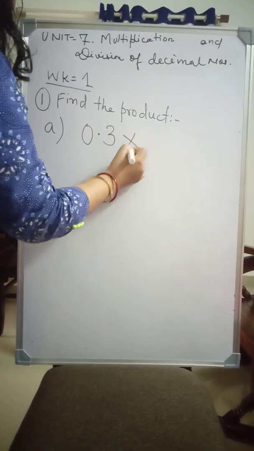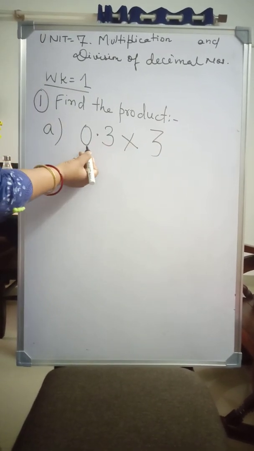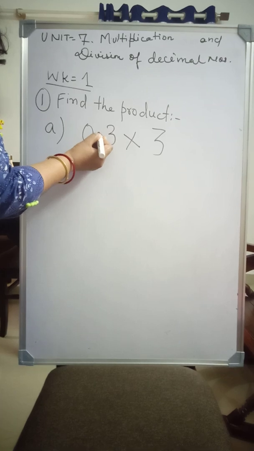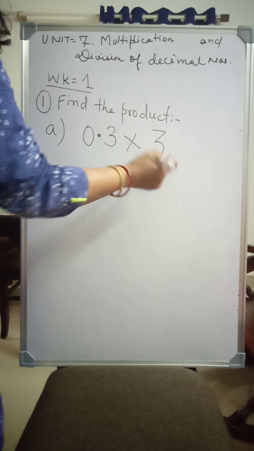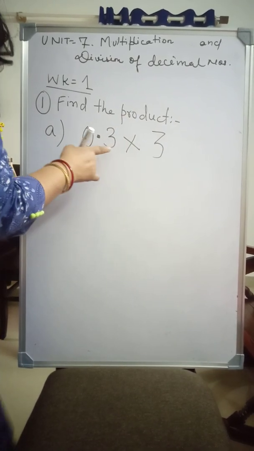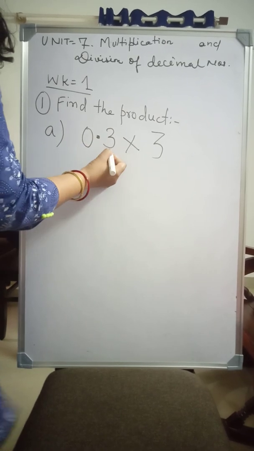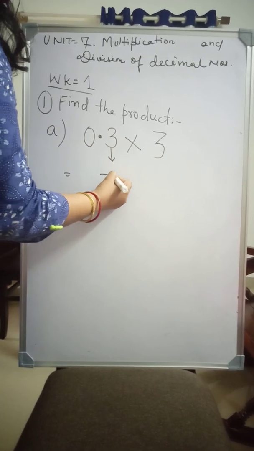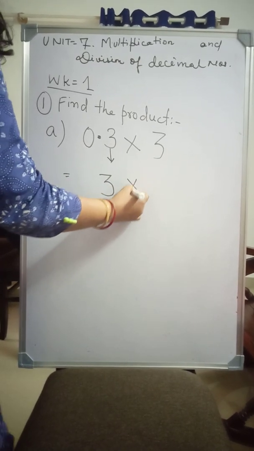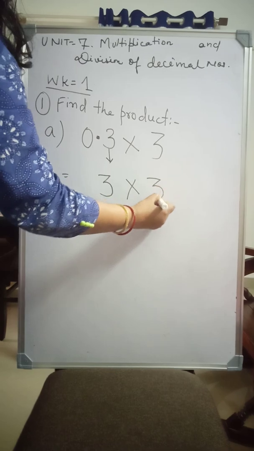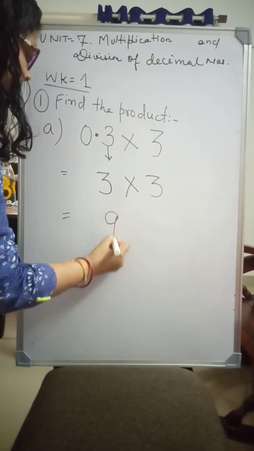0.3 multiplied by 3. So here all of you see 0.3 is a decimal number and 3 is a whole number. First step, you have to forget about the decimal point. Let's write down the number of the decimal, 3, and then multiply with the whole number. So 3 times 3 is equal to 9. Correct?